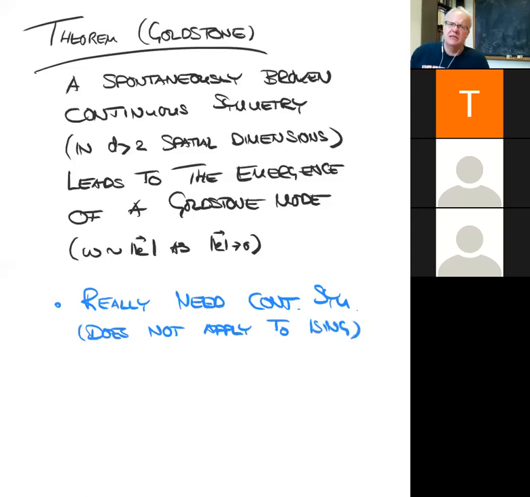The part that's different about Ising is that when I wrote down this functional for the elastic energy, I said that if you have a sufficiently long wavelength mode, the order parameter will vary slowly from place to place. But in the Ising case that's never really true, because there are only 2 possible orientations. The next door neighbor is either the same orientation or exactly opposite. So you can never rely on writing this down as just a gradient of some kind of order parameter field. So you really do need the continuous symmetry.